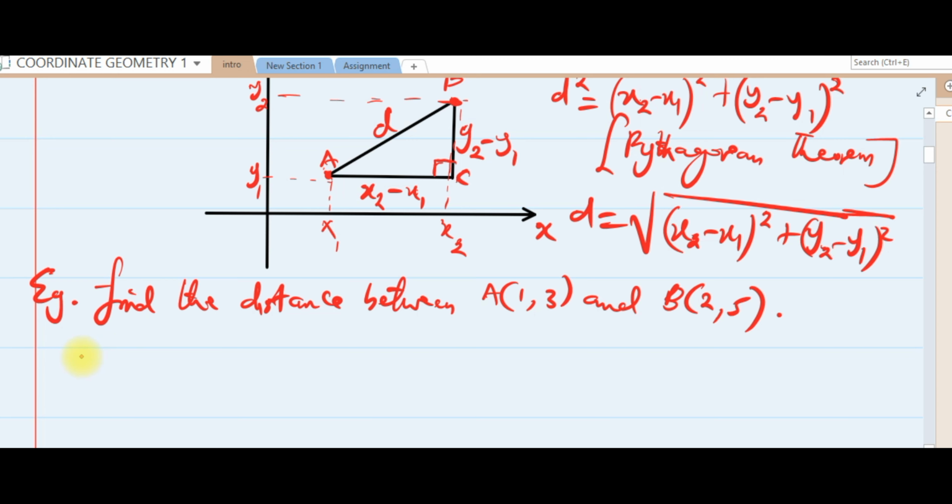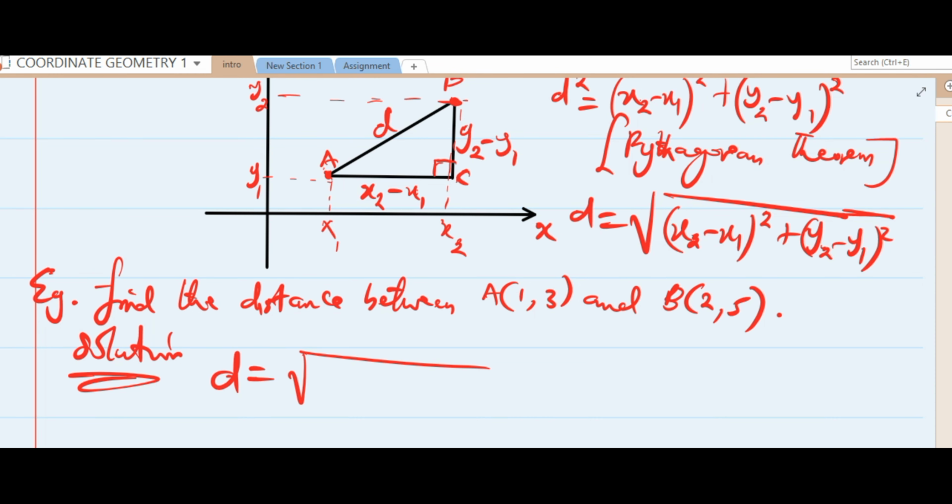So without wasting time, our answer, which is D, is now square root of, just call anyone x1, y1. Let me call here x1, y1, and this is x2, y2.